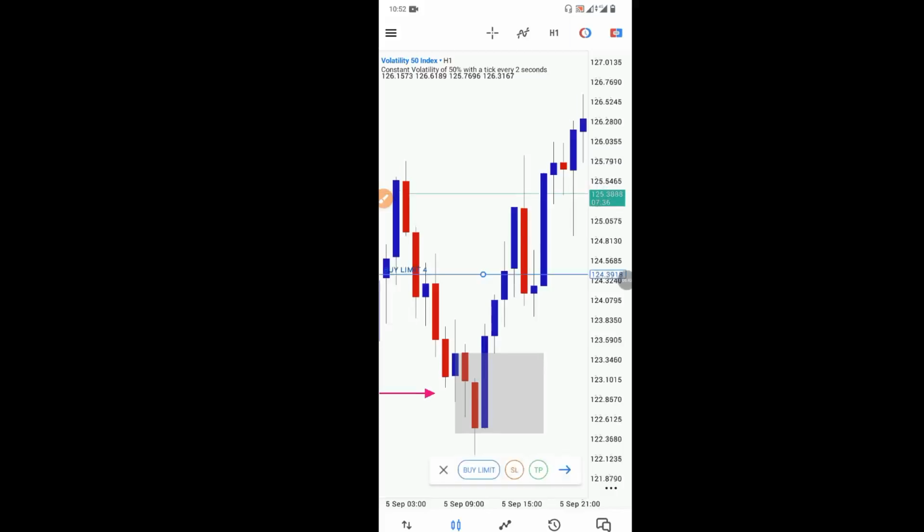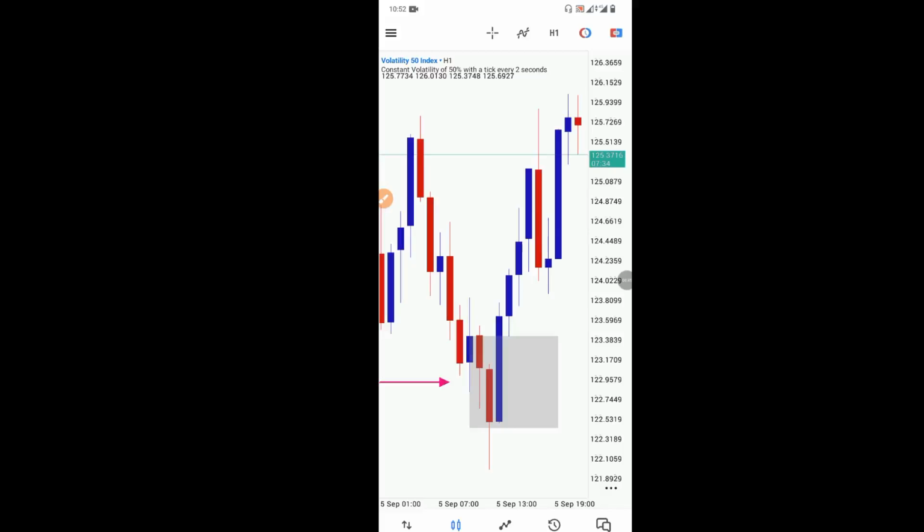So as soon as a change of state in delivery happened, what is that change in state of delivery? In this case, a down close candle first, then an opposing candle, an up close candle, closes above the opening price of the series of that down close candle.